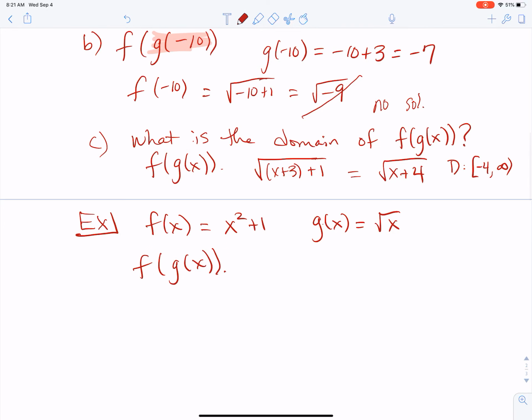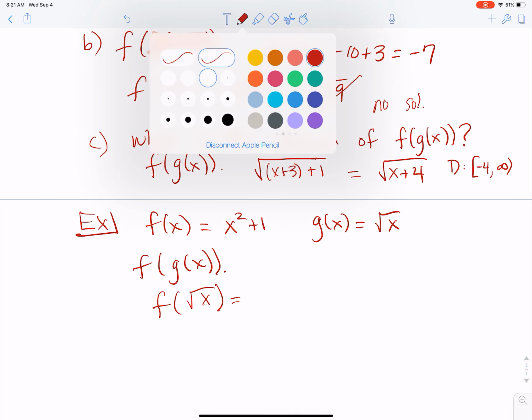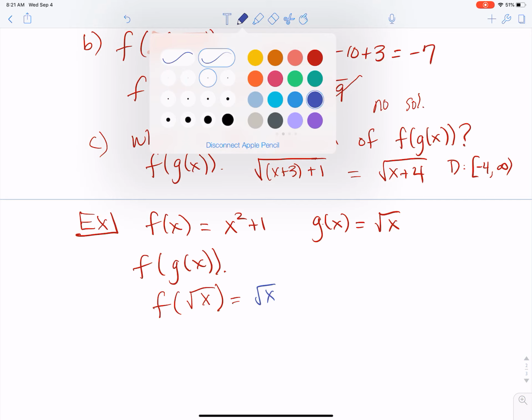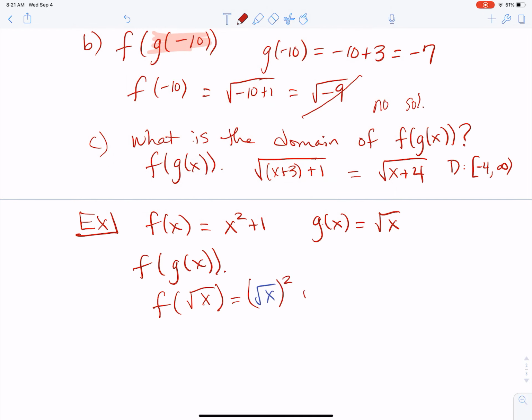We take our g of x and substitute it into the original. f of the square root of x becomes our input, and when we square the square root, these symbols are inverses of each other, so they cancel each other out.